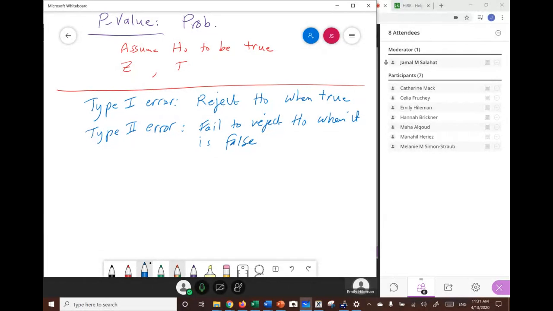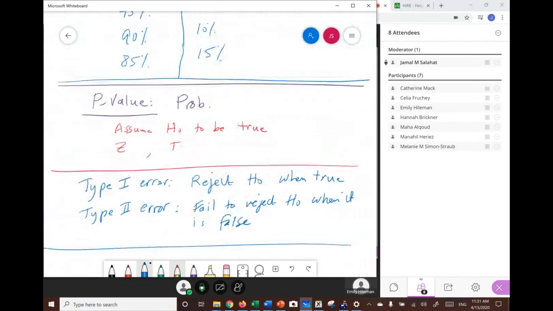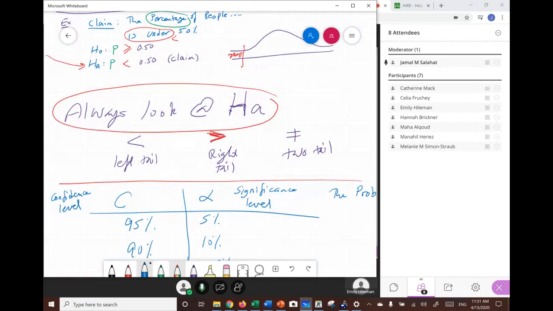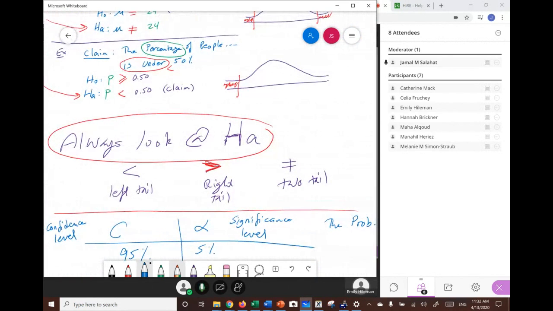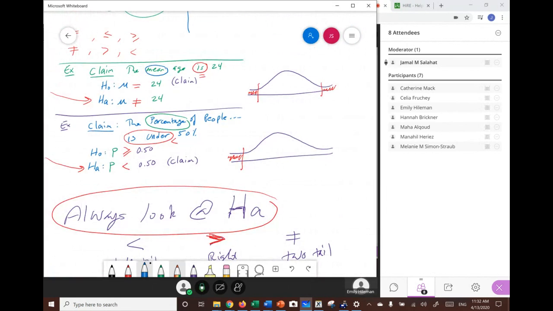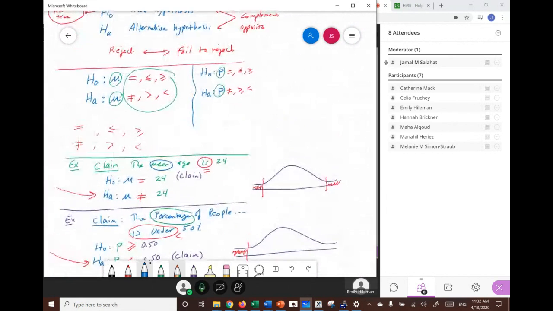As of now, we talked about the p-value, type 1 error, and type 2 error. We talked about the significance level. We talked about the types of tests: left tail test, right tail test, two tail test. We talked about how to construct H0 and HA by reading the problem.